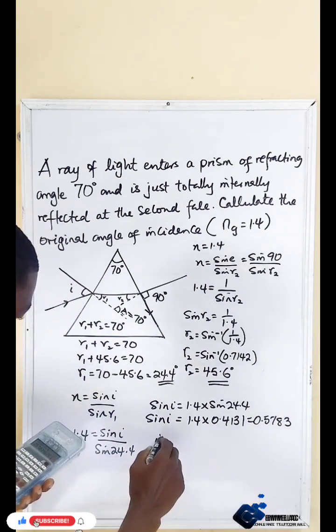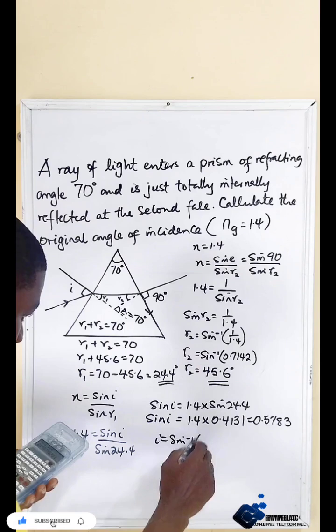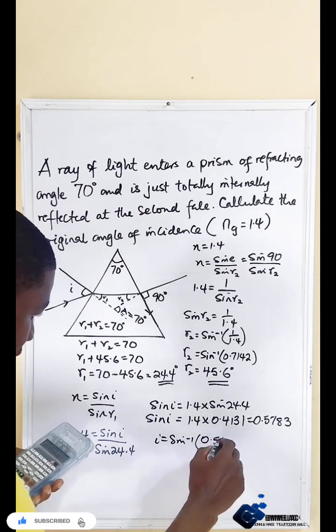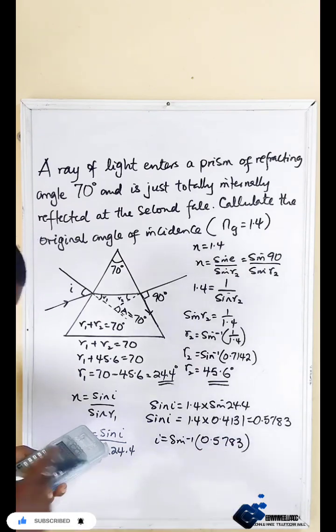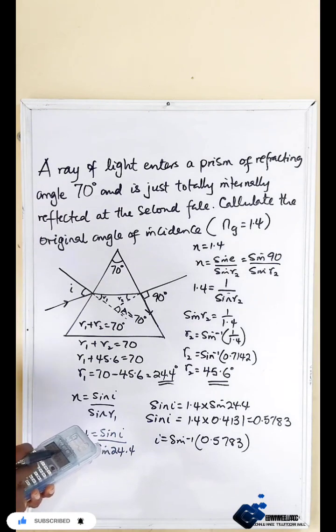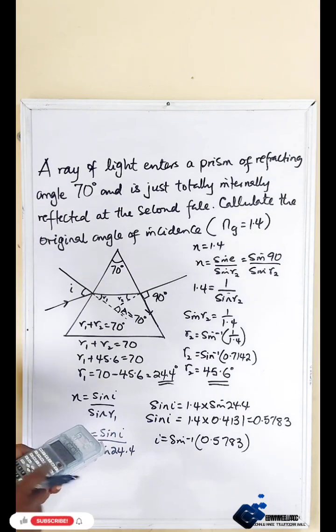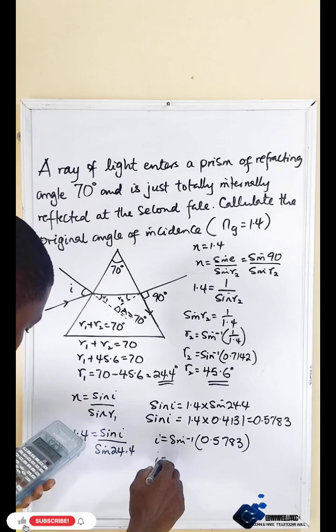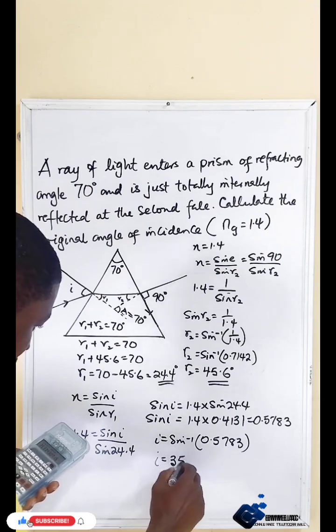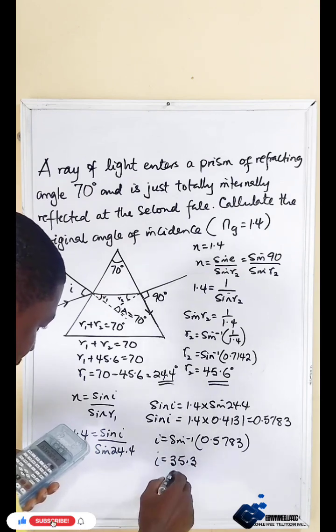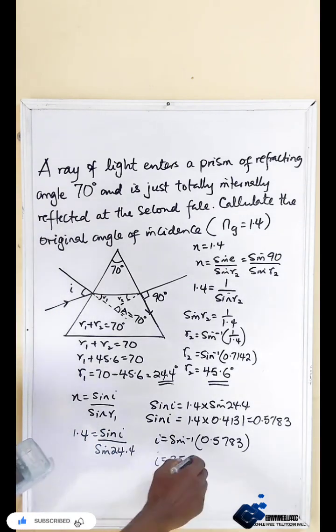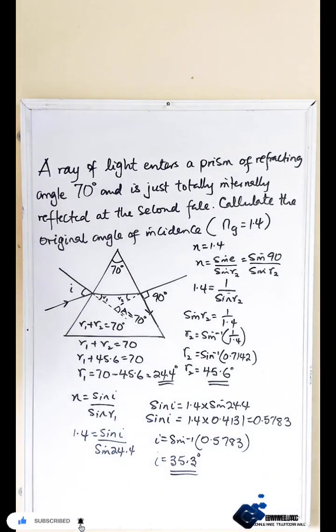So our i will be the inverse sine of 0.5783, and our answer will give us 35.3 degrees.